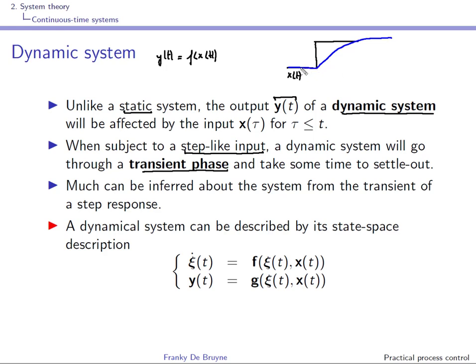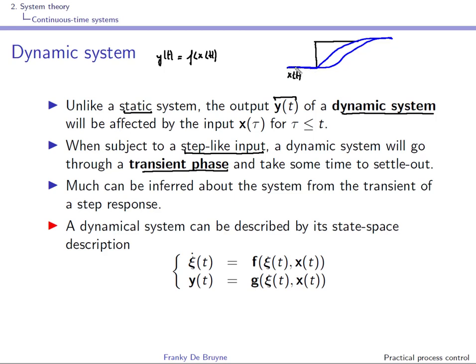For instance, the step response of a second order system will look very different. You can see here that the slope at the start is different. Here you have a slope, and here this slope is 0. Step responses might look very different.